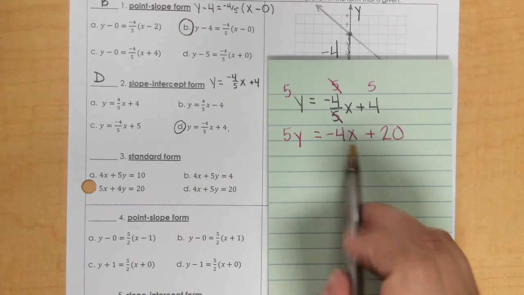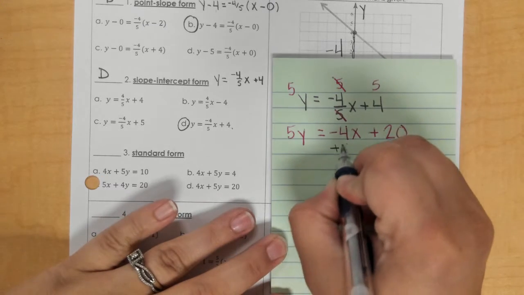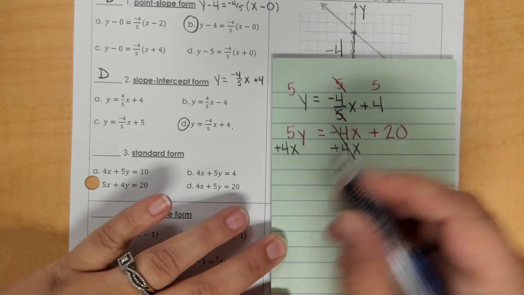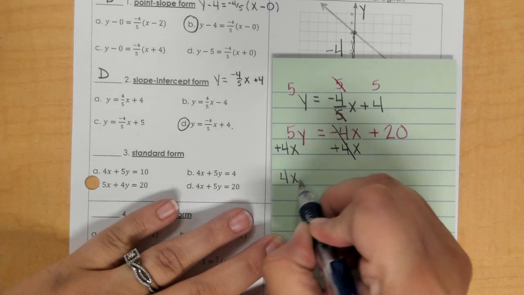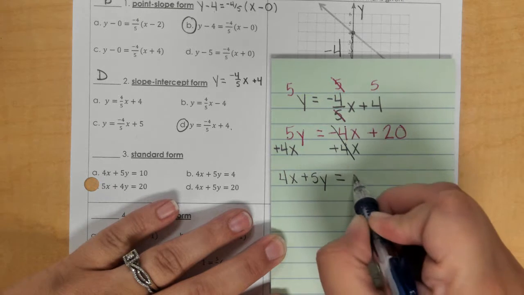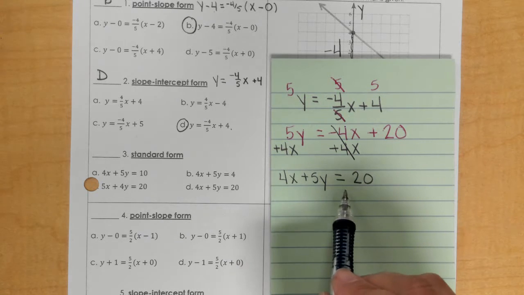Now, to get my x on the same side, I add 4x over, and we have a positive 4x plus 5y equals 20. So that's what I'm looking for: 4x plus 5y equals 20.